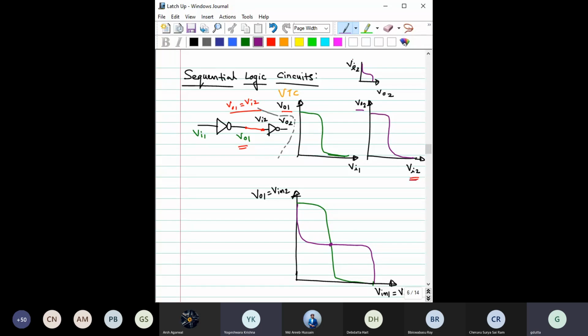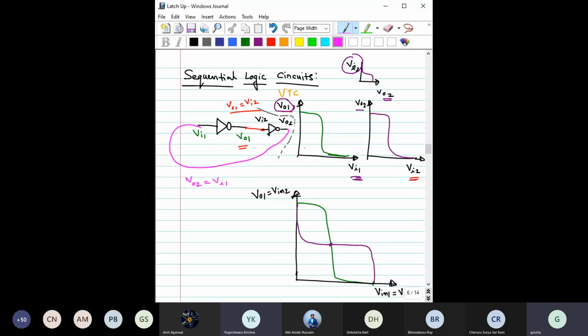Now we can say these two are the same, right? Fine. But again, this is VI1 and this is VO2. These two are different, and these and these are still different. But now let us do one thing. Let us also connect these, so that makes VO2 equal to VI1.